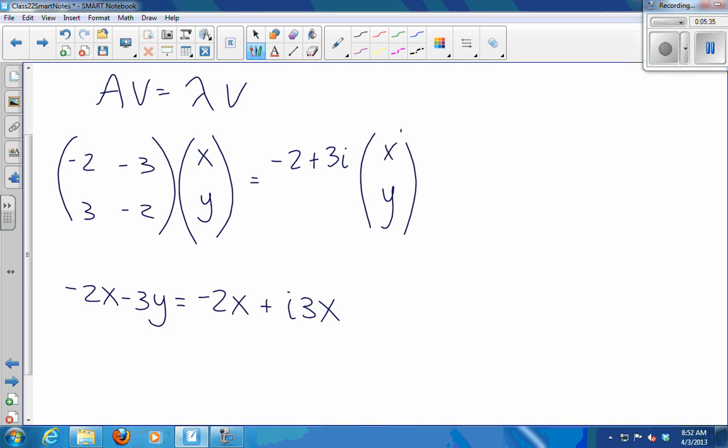And then 3x minus 2y is going to be negative 2y plus i 3y.